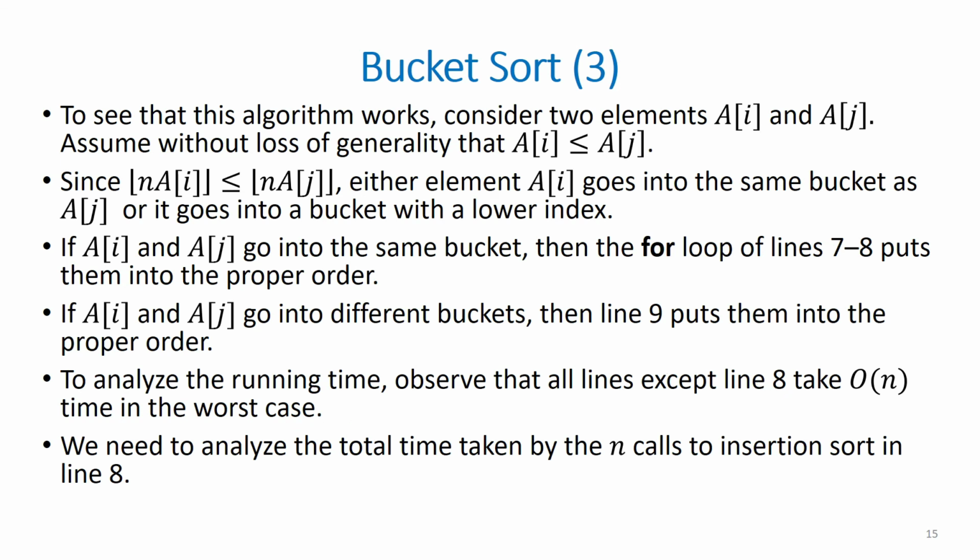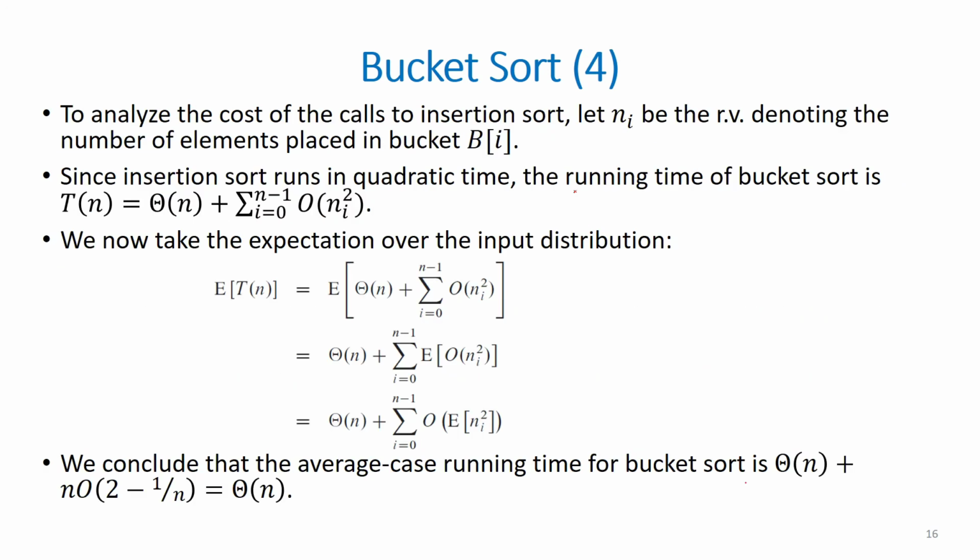Now we need to analyze the total time taken by the n calls to the insertion sort on line 8. We use the random variable n_i to denote the number of elements put in bucket B[i]. We also know that the insertion sort has a quadratic running time.